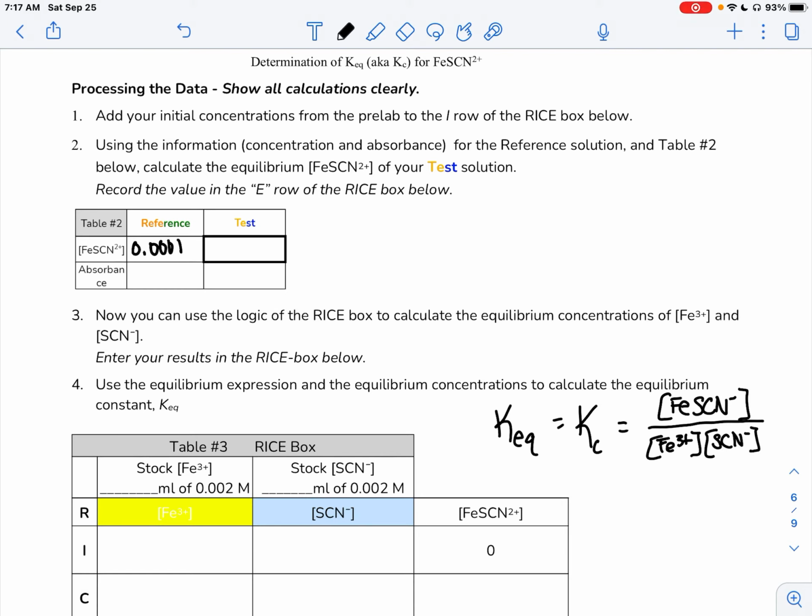And the reason we can put that, I just want to remind you, we didn't find the complex ion up there. We found the SCN minus, but because of Le Chatelier's principle and because we put so much of the Fe3 plus, we can just assume that all of that thiocyanate ion became the complex ion. That was the point of doing those two drastically different molarities for the reference solution. So that's why I can put that same concentration here.